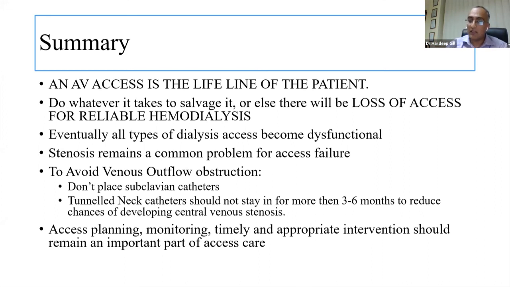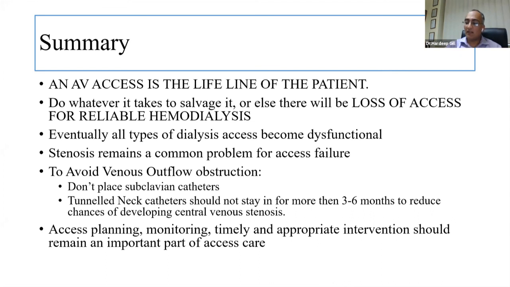So if a basilic vein fistula has to be done, then either transpose it, as a one stage or as a two stage, whichever one finds easy. But just doing an anastomosis between the brachial artery and the basilic vein and leaving it to the nurse to handle, I think we should avoid. So we should either transpose it in the same operation or come back later after 6 to 8 weeks, once it's fully mature.